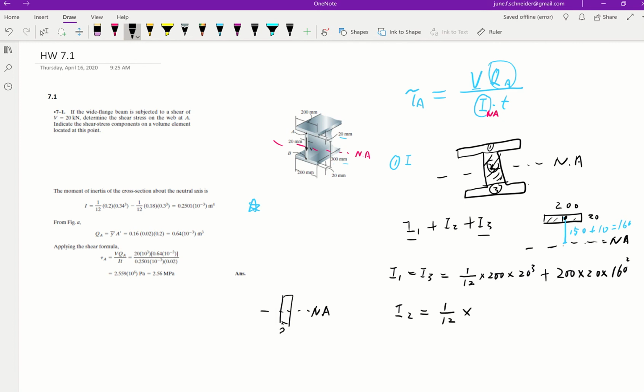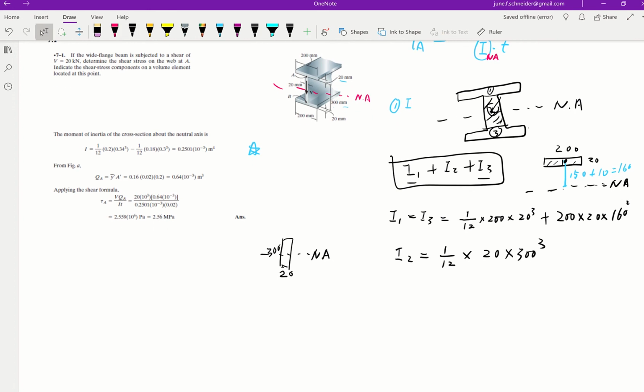This is 20, the thickness, and the height here is 300. So it will be 1/12 times 20 times 300 cubed, right? If we were using this method, we're going to add all those together, and that's going to be our I_NA. However, the solution is not using that way, but I encourage you to go ahead and solve this using this method, and you will get one answer.